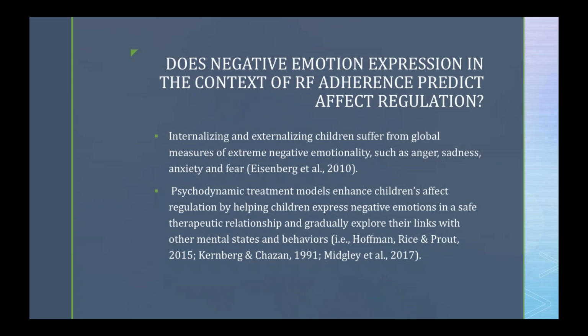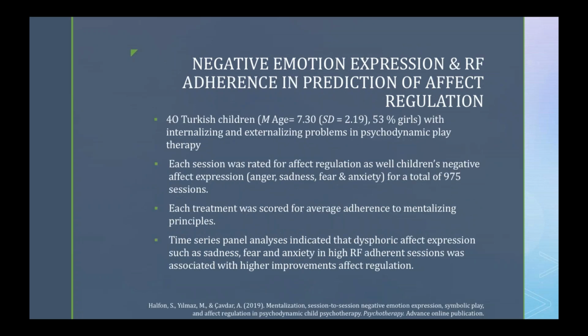So we investigated whether negative emotion expression, which is anger and dysphoric affect, within the context of higher mentalization adherence, would predict higher gains in affect regulation. We studied 40 children with internalizing and externalizing problems and 975 sessions from long-term psychodynamic treatment.